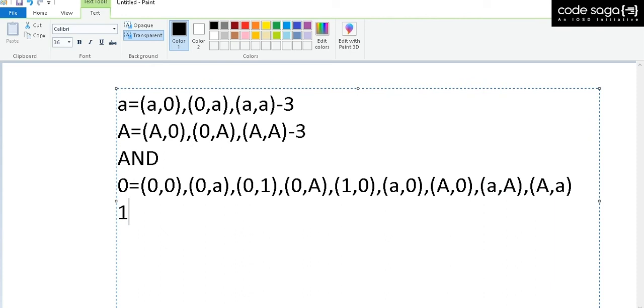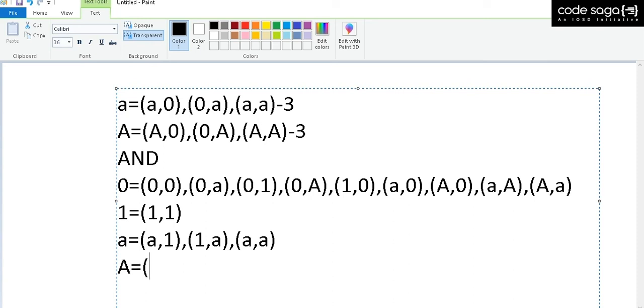For 1, this time there is only one case, which is 1 comma 1, when all bits are guaranteed 1, then only it is 1. So you may be seeing a trend here that A and capital A will have again the same cases, which will be 3, but they will be a little different, which will be A comma 1, 1 comma A, and the last case here would be A comma A.